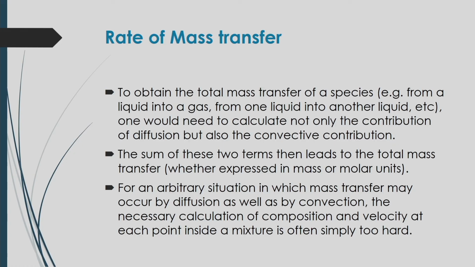Now, to obtain the total mass transfer of a species, for example from a liquid into a gas or gas into a liquid, one would need to calculate not only the contribution of diffusion, but also the convective contribution, and the sum of these two terms leads to the total mass transfer, whether expressed in mass or molar units.